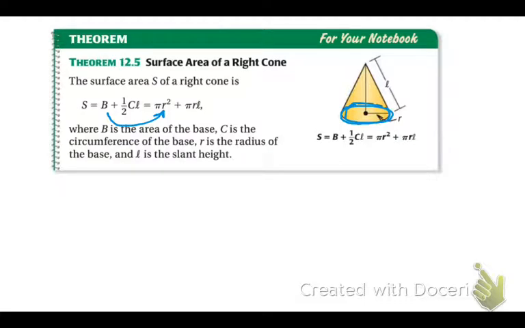The circumference is 2 pi r. So here's our pi r, and then instead of our h, we have our slant height, which is L. Hopefully that makes sense, and we can go ahead and do a problem.